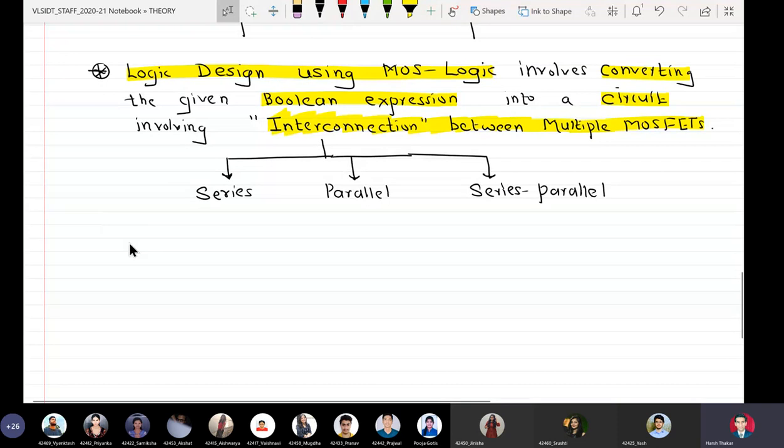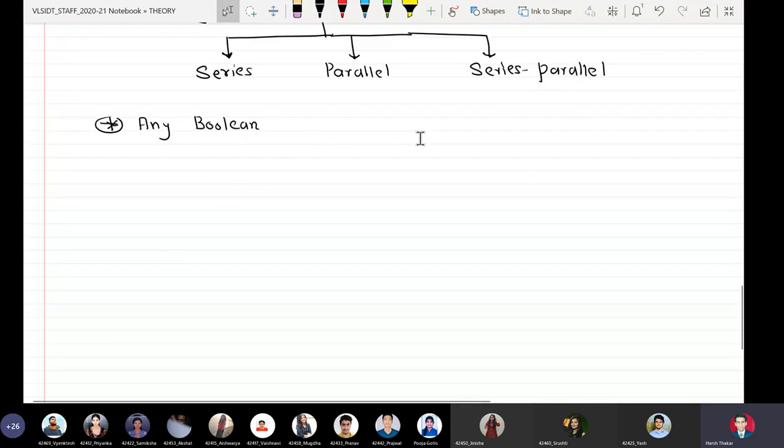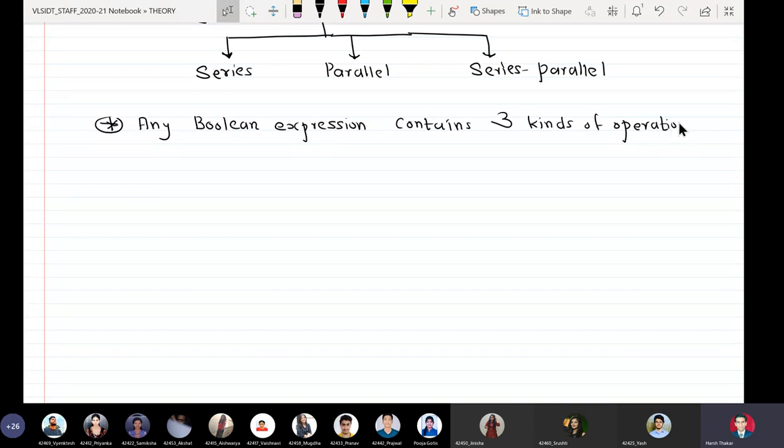Okay. So now we write down that any Boolean expression contains three kinds of operations.